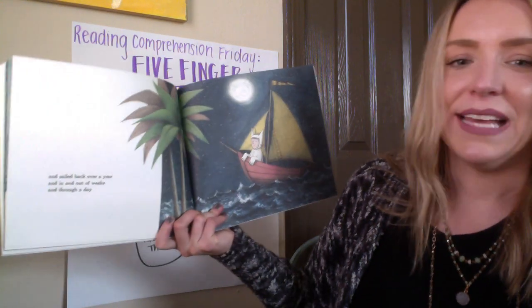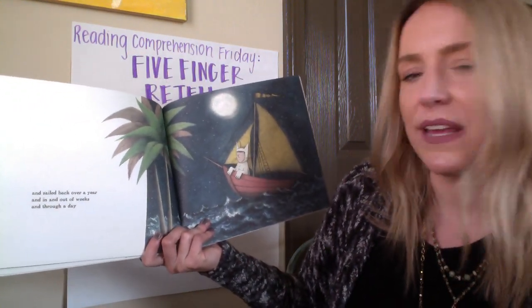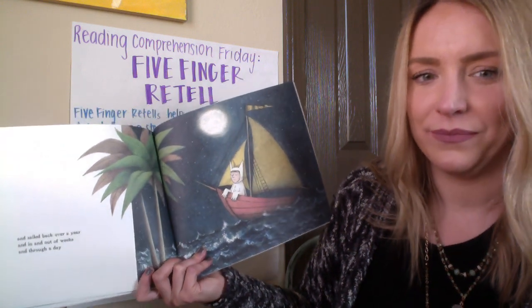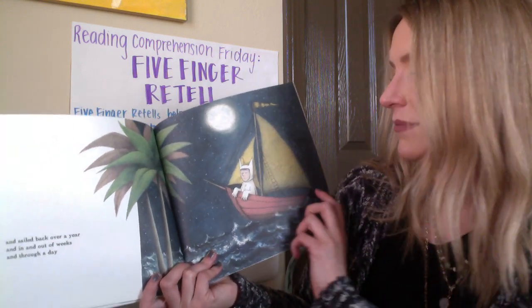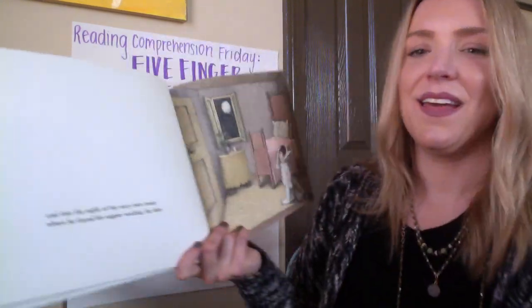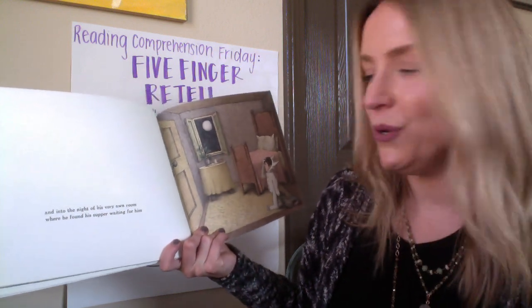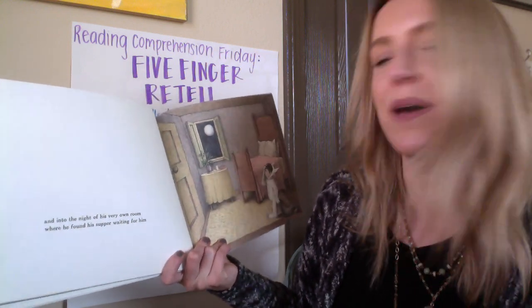And sailed back over a year and in and out of weeks and through a day. And into the night of his very own room, where he found his supper waiting for him.